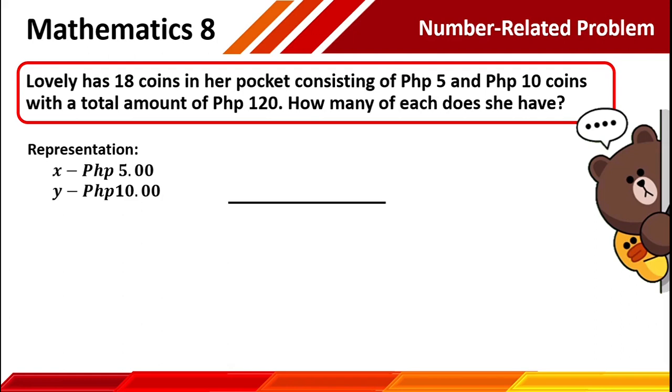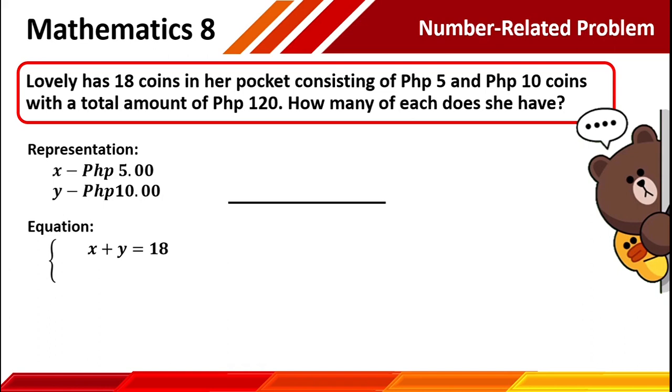So in this given problem, we can represent the first sentence as x plus y is equal to 18, because according to the problem, Lovely has 18 coins in her pocket consisting of 5 peso coins and 10 peso coins. Okay, so x plus y is equal to 18. Another concept given in our problem is that the total amount in her pocket is 120 pesos.